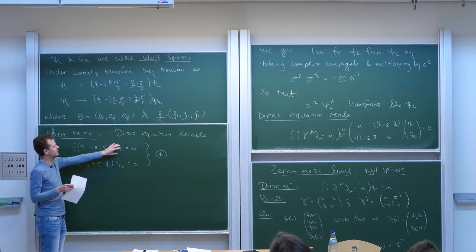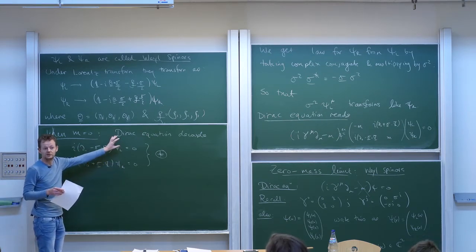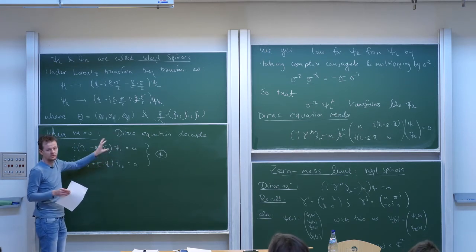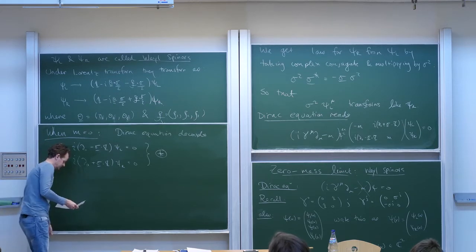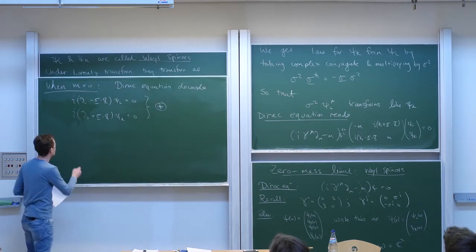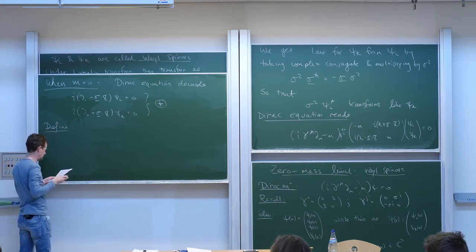So the real building blocks of fermionic field theories are not Dirac spinors, but actually these Weyl spinors. And it's only when you add a mass that you need to deal with Dirac spinors. Now there's some useful notation that we'll use.